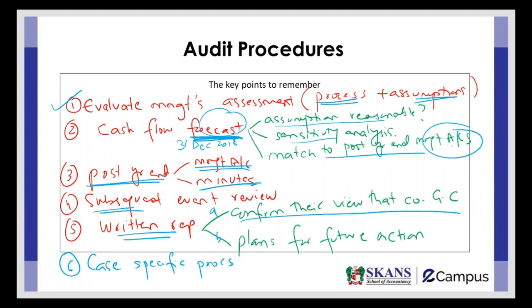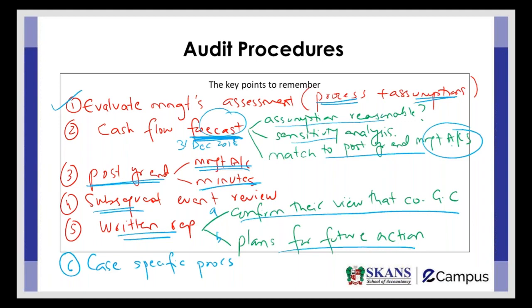So either way, for their view, you need to get a written representation. Also get a written representation for plans for future action. So maybe they've lost a major customer, but they have plans that they will be able to get 3 new customers for this. It's about the future. It's plans for the future. There is uncertainty, so you ask them to write it down for you.